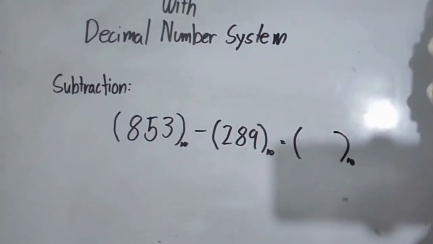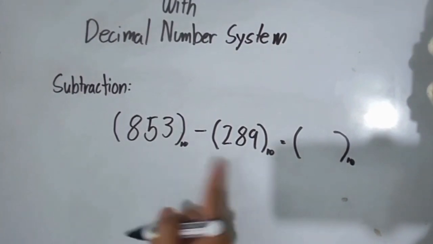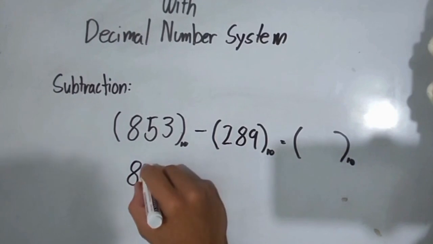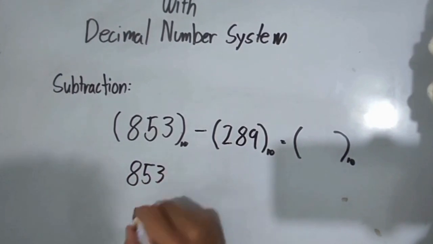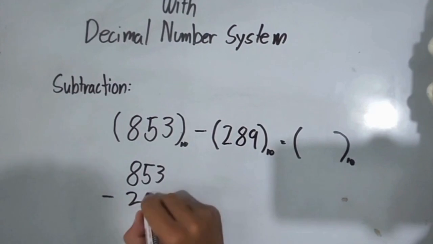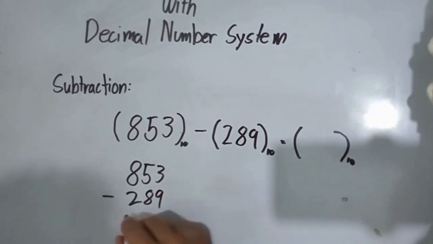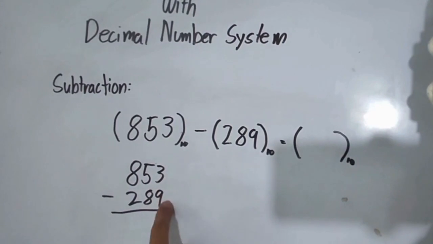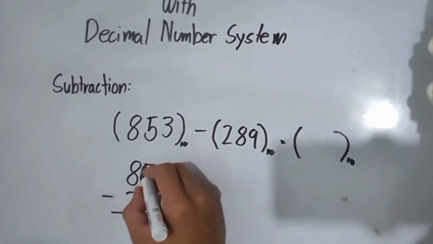First example for subtraction is 853 base 10 minus 289 base 10. We can't do 3 minus 9, so we will borrow from the number next to 3, which is 5.